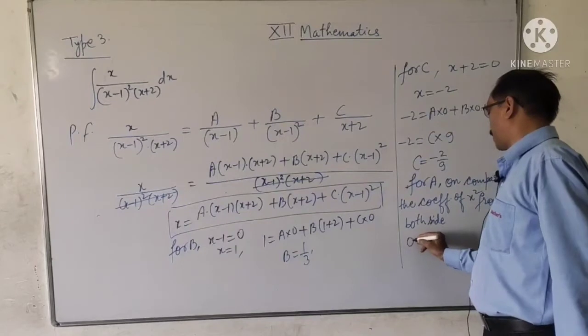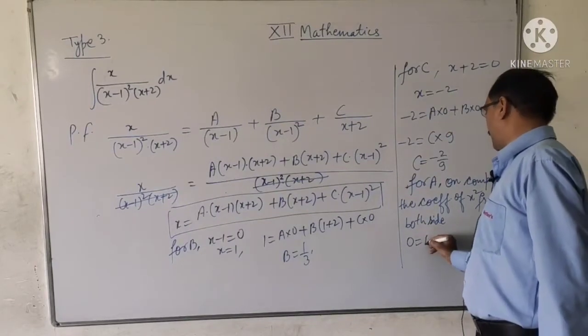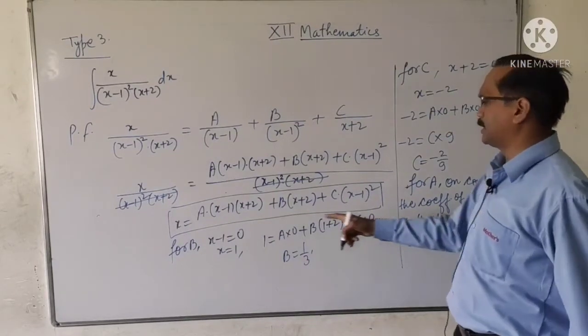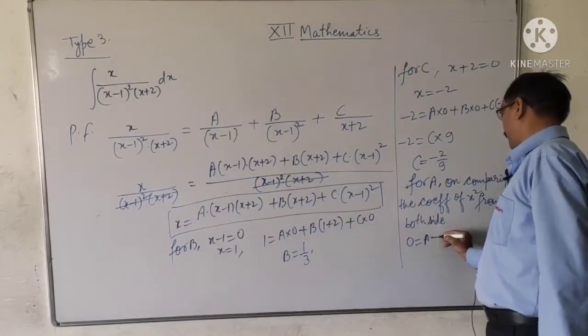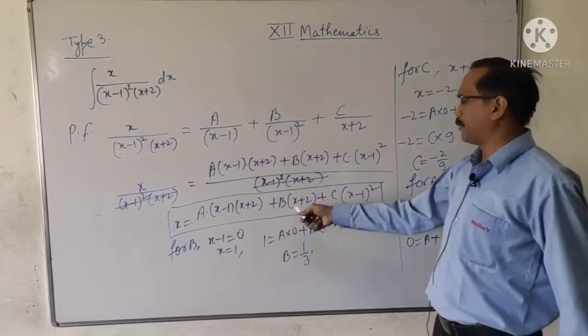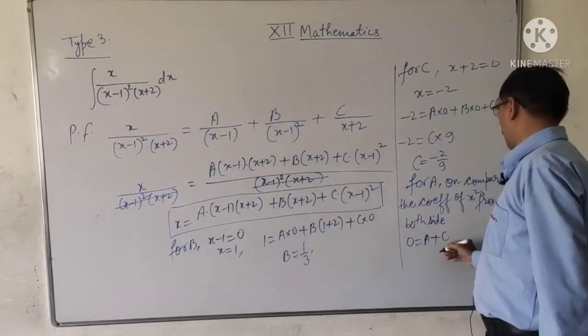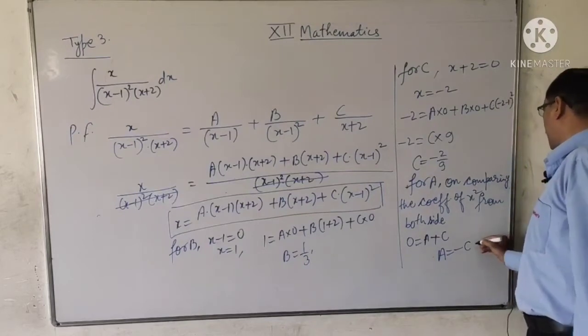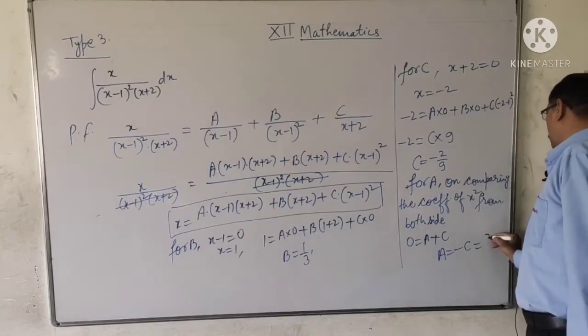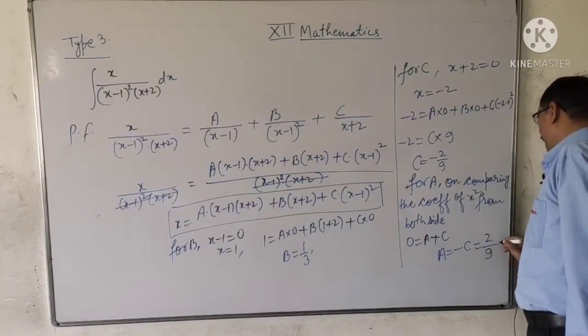So 0 equal to A into x into x square, so A plus C, and from this term there is no x square. So the value of A equal to minus C, and C equal to minus 2 by 9, so it is plus 2 by 9.